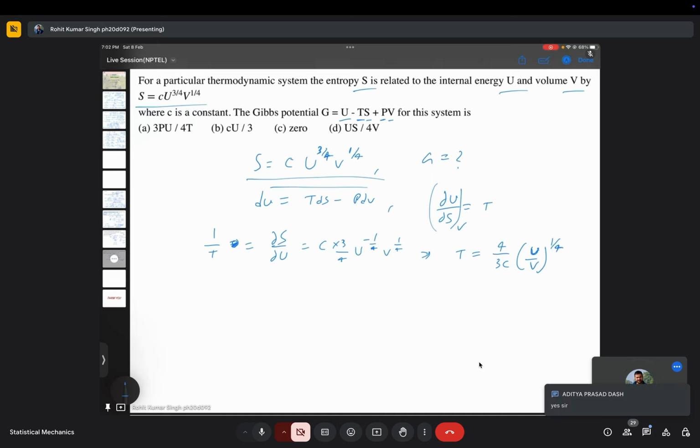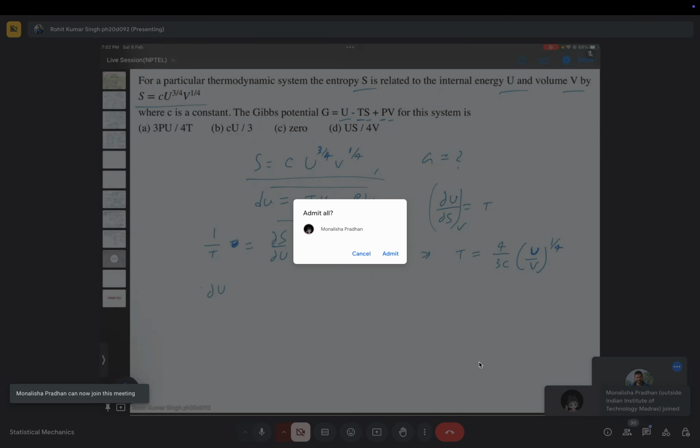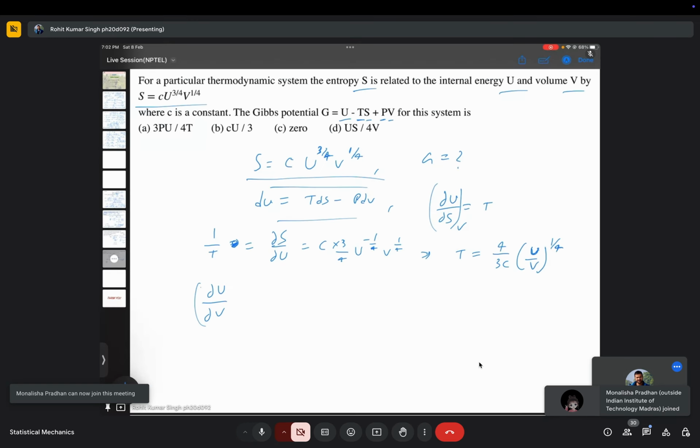And then you have also from here del U by del V is equal to negative of pressure. So let's write it in terms of entropy basically.